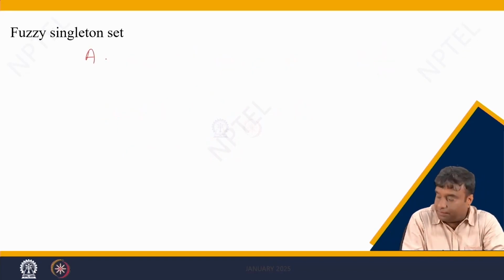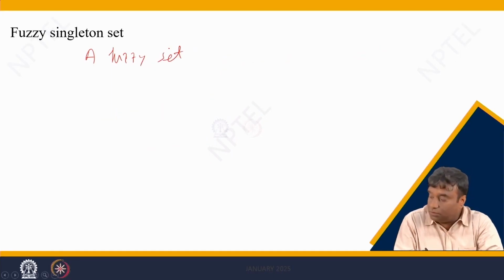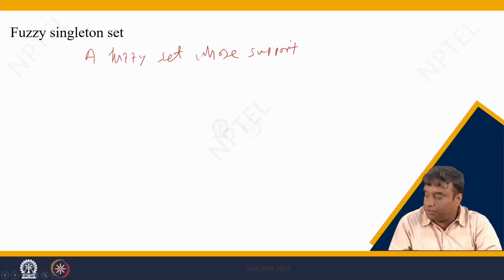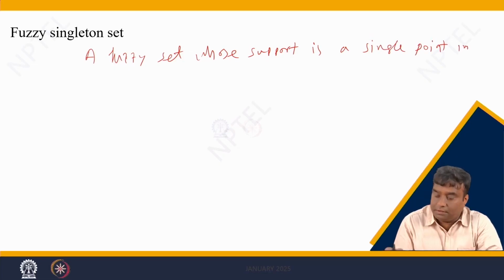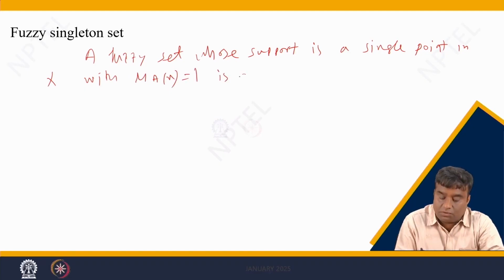A fuzzy set whose support is a single point in x with mu x equal to 1 is called a fuzzy singleton set.